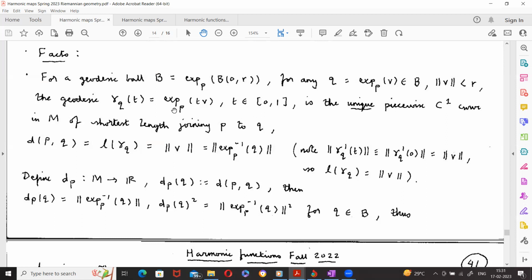This geodesic from P to Q is contained inside the geodesic ball. It is actually the unique piecewise C1 curve in M of shortest length joining P to Q. Okay.